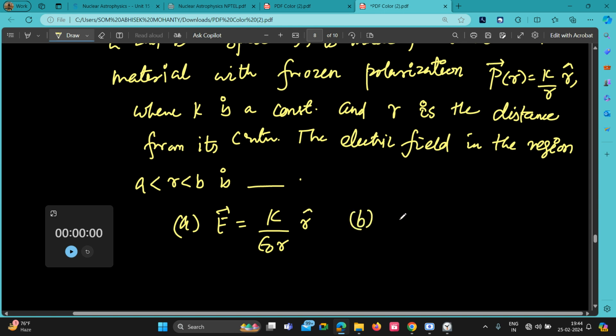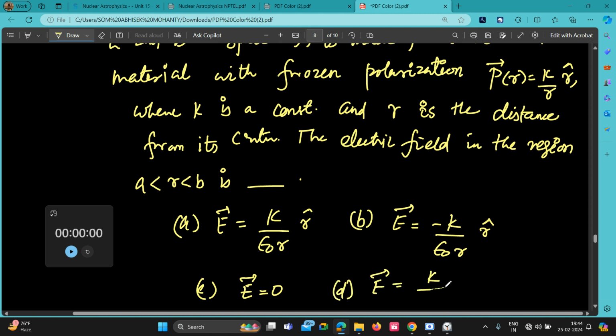Option B, E is equal to minus k by epsilon naught r cap. Option C, E is equal to 0. Option D, E is equal to k by epsilon naught r square. That will be the question.